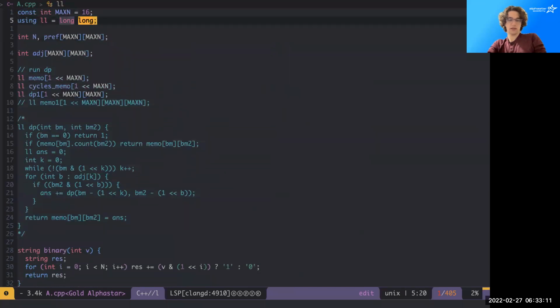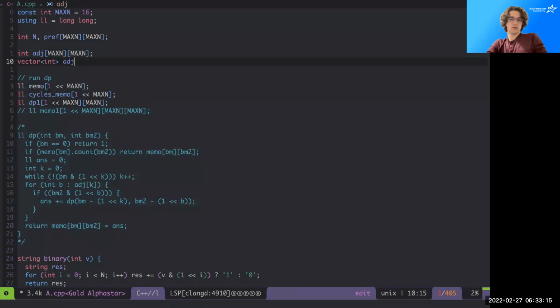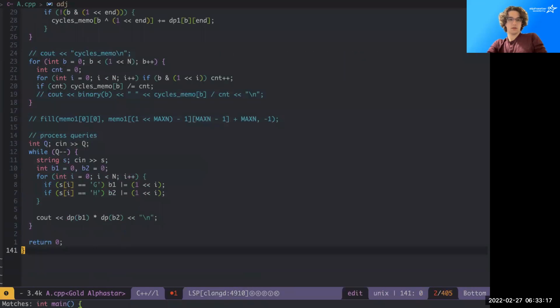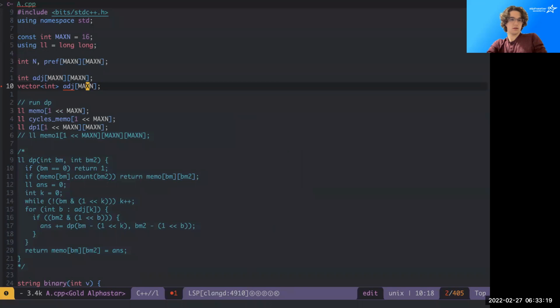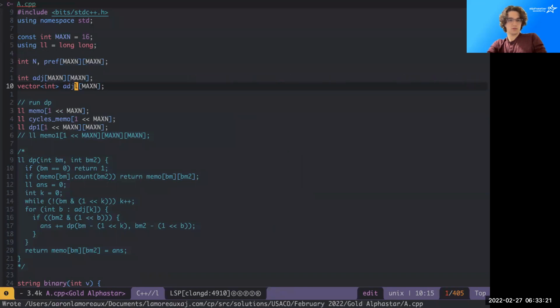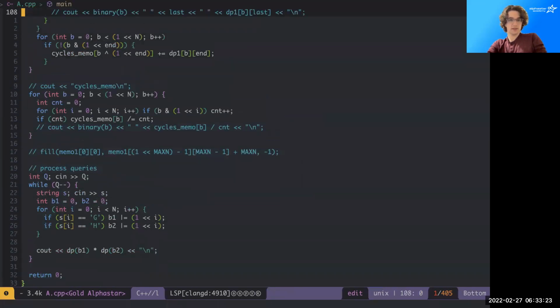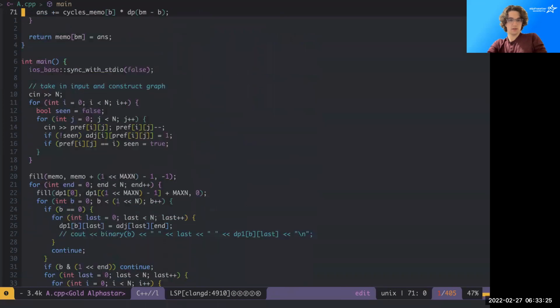Let's see if we can get like 1 more test case. We'll store an adjacency list representation as well.